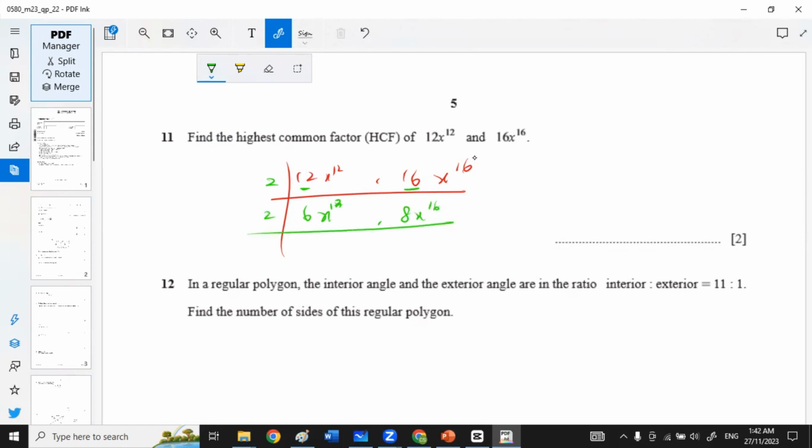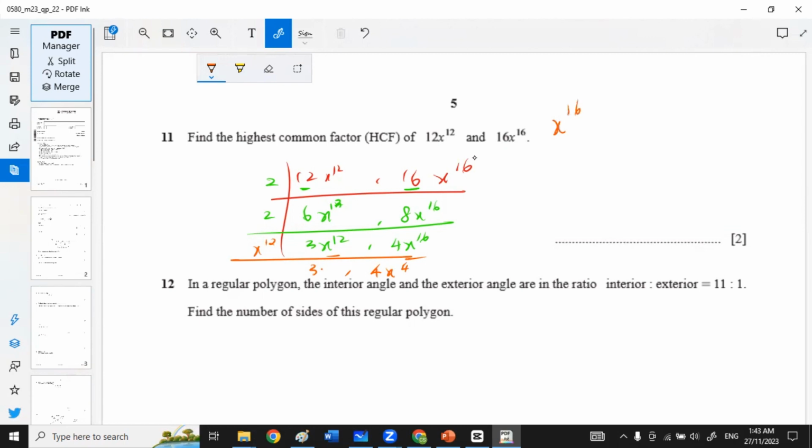Another 2, get 3x to the power of 12 and 4x to the power of 16. And now you focus on the unknown. For the unknown, you just take the smaller power, which is x to the power of 12.